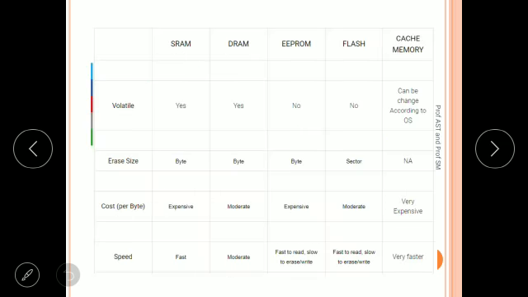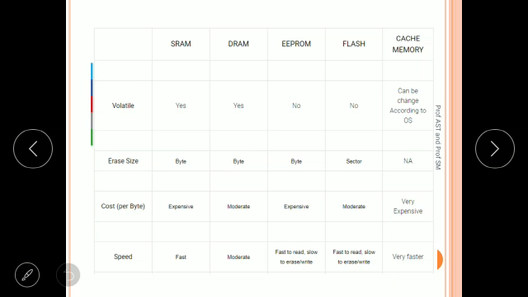So let me quickly show you the difference in terms of different variables such as volatility, erase size, cost and speed. Across the rows I have mentioned SRAM, DRAM, E2PROM, flash and cache memory. Still many types of memories are there, but these are the very important memories which are used in most of the embedded systems.